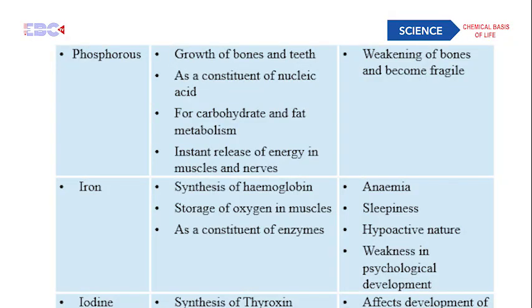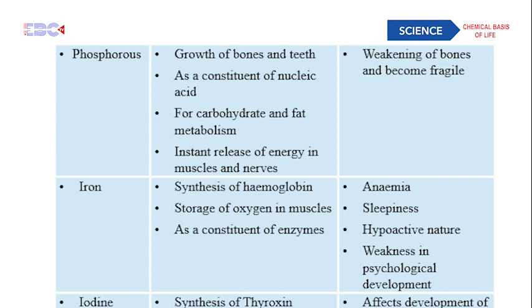Then the next element is phosphorus. Its functions are, it helps the growth of bones and teeth, and it is also a component of nucleic acid, as we know, because we have studied it earlier. It helps with carbohydrate and fat metabolism, right? And there is an instant release of energy in muscles and nerves, right?